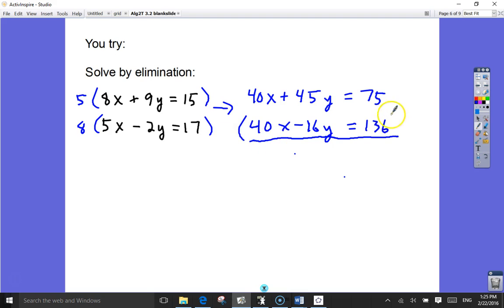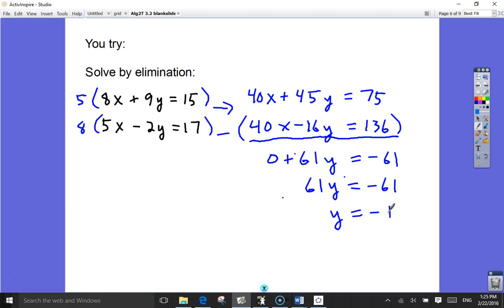Subtract, so that cancels the x's. And 45 minus negative 16 is 61y. 75 minus 136 looks like negative 61. So 61y equals negative 61.